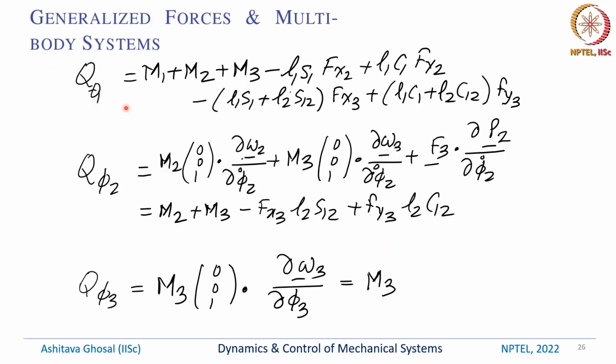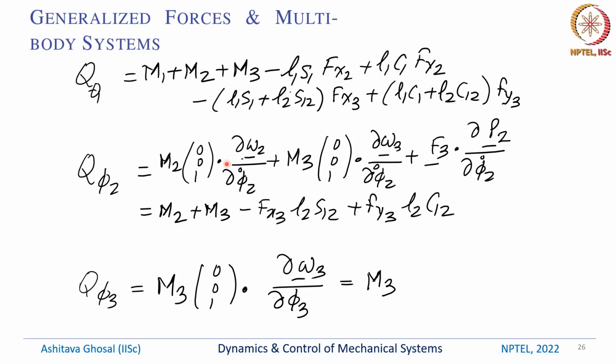So Q of theta 1 is given by this expression, M1 plus M2 plus M3 minus L1S1 Fx2 plus L1C1 Fy2 minus L1S1 plus L2S12 whole into Fx3 and L1C1 plus L2C12 into Fy3. So basically we have some moment components coming from M1, M2, M3, and then the moment of these forces F2 and F3.